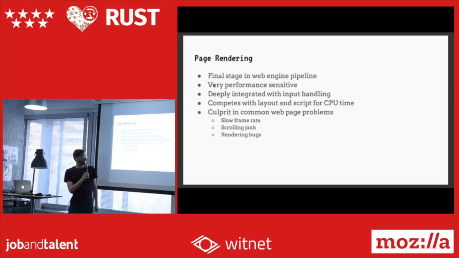Page rendering is really, really performance sensitive. So if you do the math, you have millions of pixels that you need to update 60 frames a second, or else it's not going to look very well if you miss a frame.